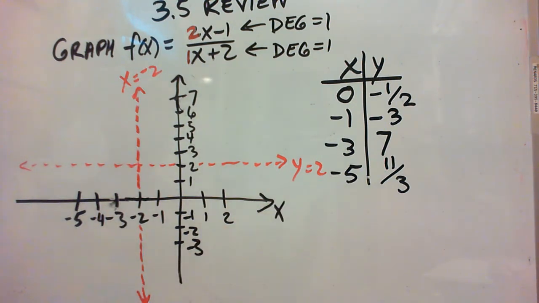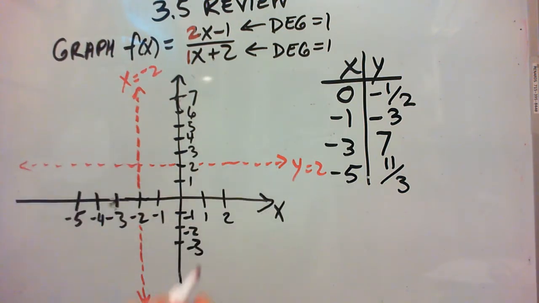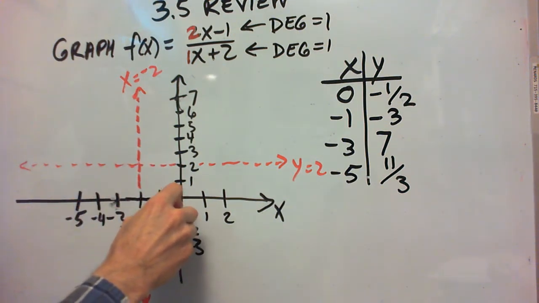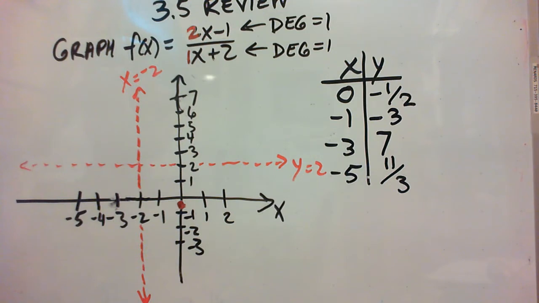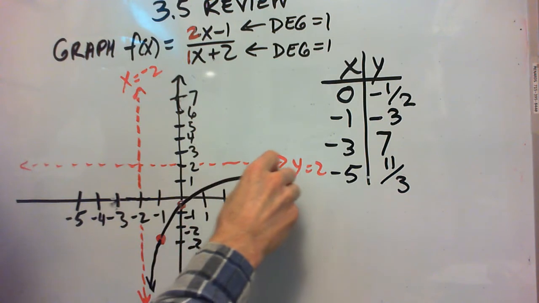Now, plotting all those and our asymptotes of x equal negative 2 and y equal positive 2, we have 0, negative 1/2, right down here, negative 1, negative 3, down here. Those 2 points tell me that the graph is trending down, heading up.